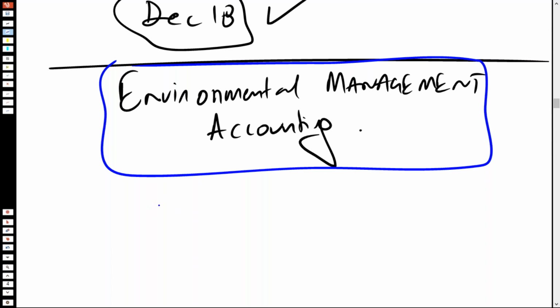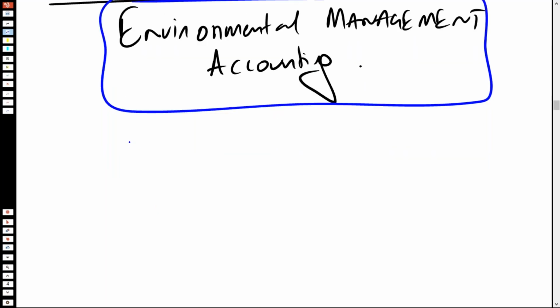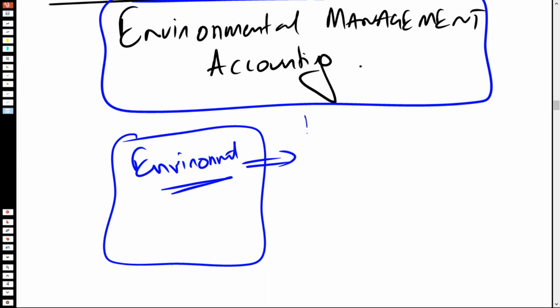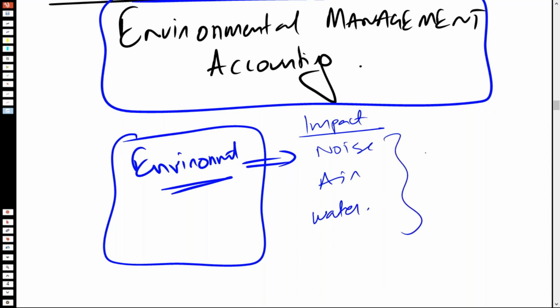Try to understand. Basically, think about every organization. Somehow or the other, our business activities have an impact on the environment. We create noise pollution, we create air pollution, we create water pollution through our activities.